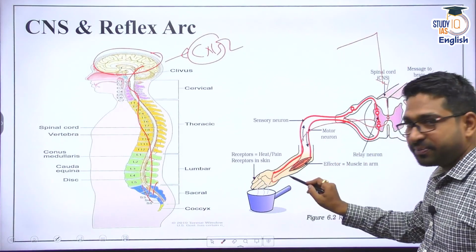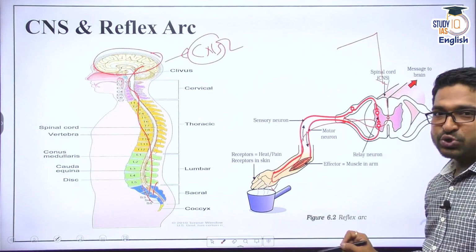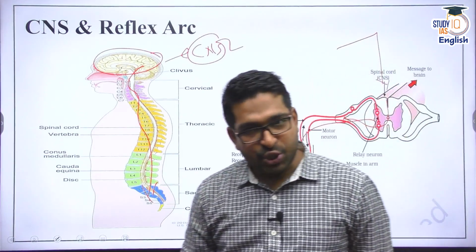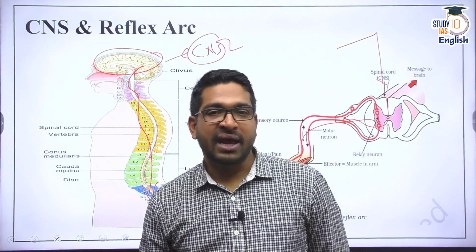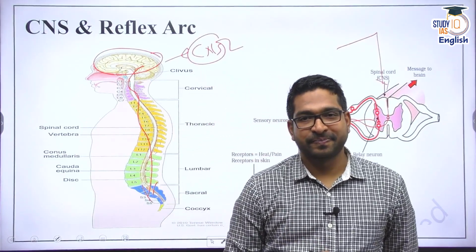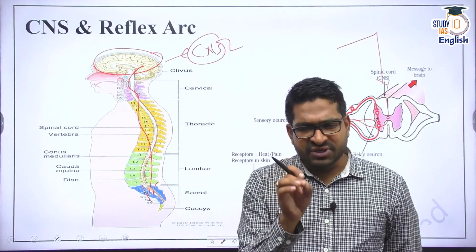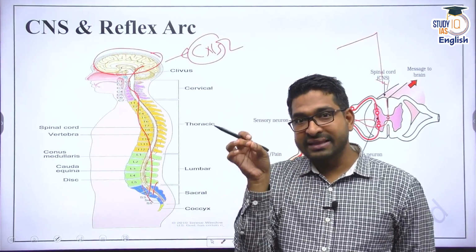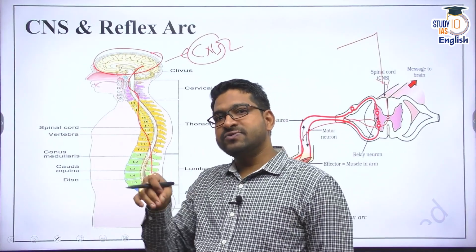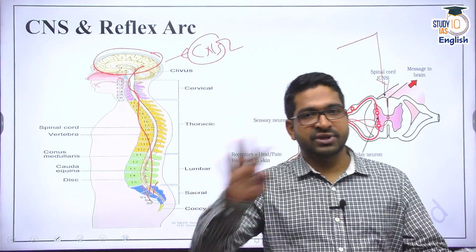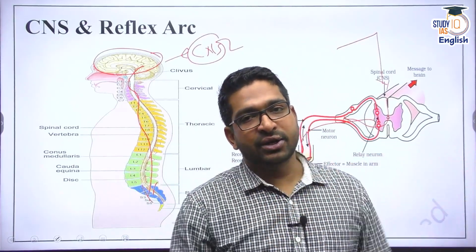I just go here and it says, oh, this is very hot, I shouldn't touch this pan because its temperature is very high. That's how our coordination and control mechanism works. All right. So there is some sort of a chemical reaction or chemical change which leads to creation of an electrical impulse. That electrical impulse eventually transforms again into a chemical signal so that your muscles work. So it's a transformation between chemical and electrical stuff.